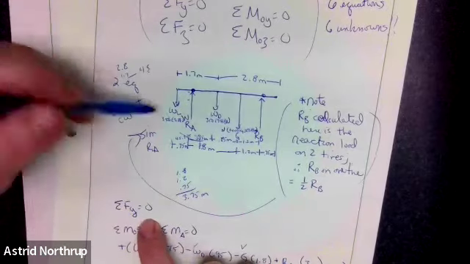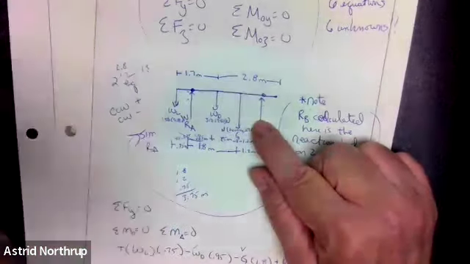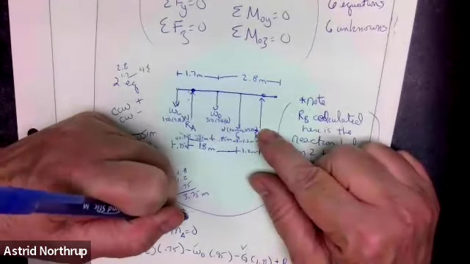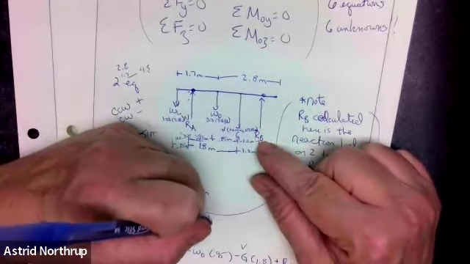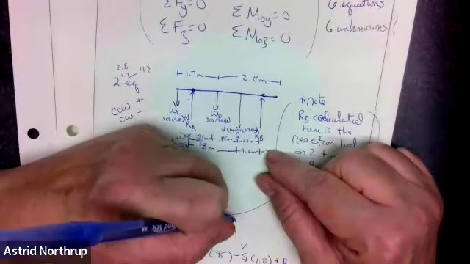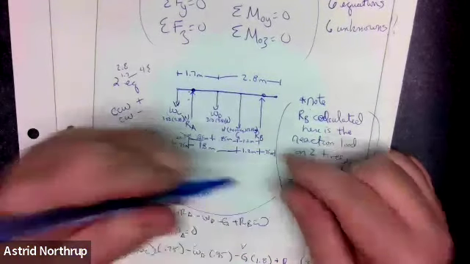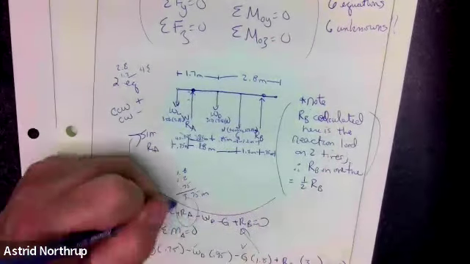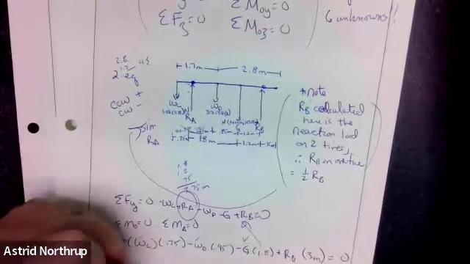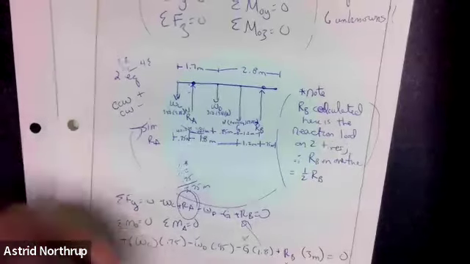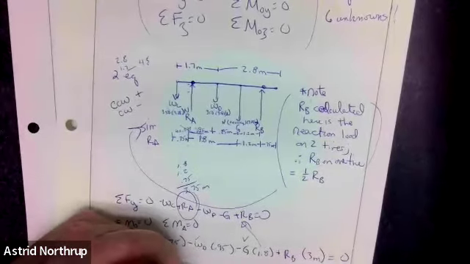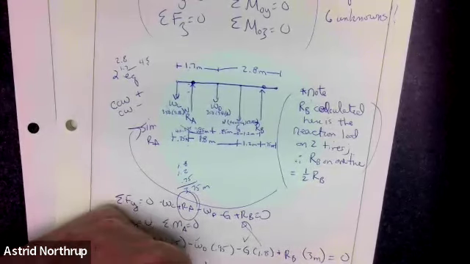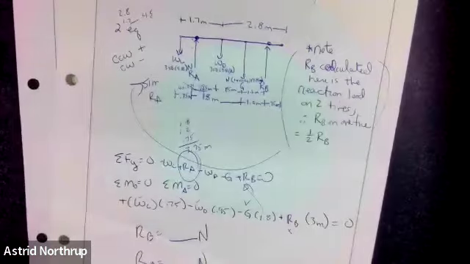And then we can do the same thing up here, where by the signs, down is negative: W_C plus R sub A minus W_D minus G plus R sub B equals 0. I find R sub B here, plug it in here, solve for R sub A. Then I have R sub B that I calculate as some number in newtons, and R sub A as some number also in newtons.